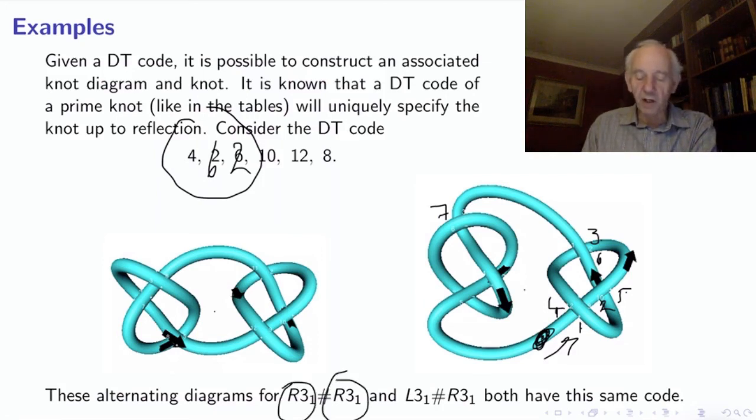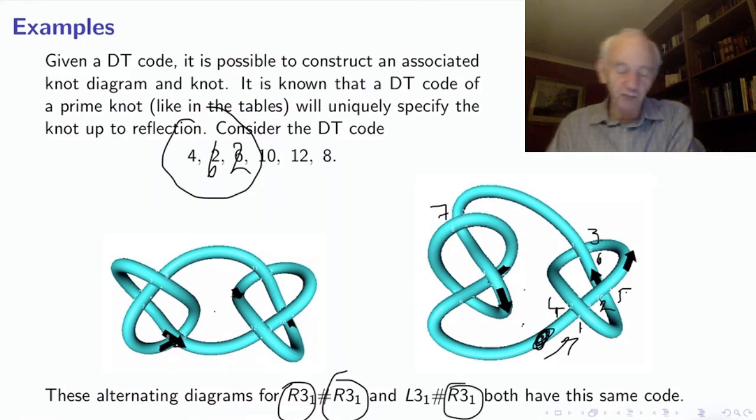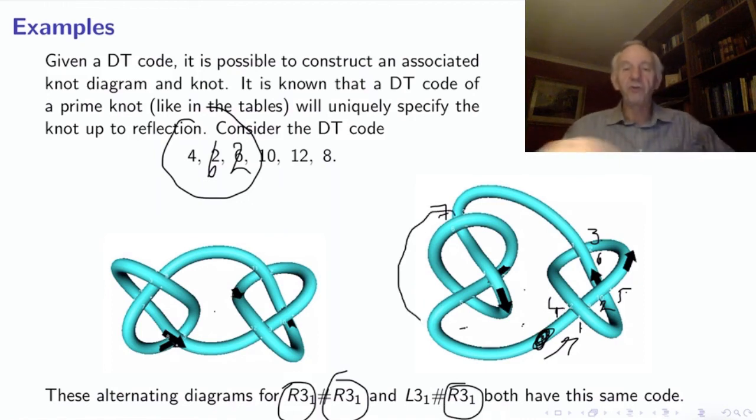Whereas here on the far right is a right trefoil knot, but on the left it's actually a left trefoil knot. It looks as if it's a right trefoil knot, but that's because the usual diagram would have the thing like that. It's just I brought these strands back. So actually this is a left trefoil knot.